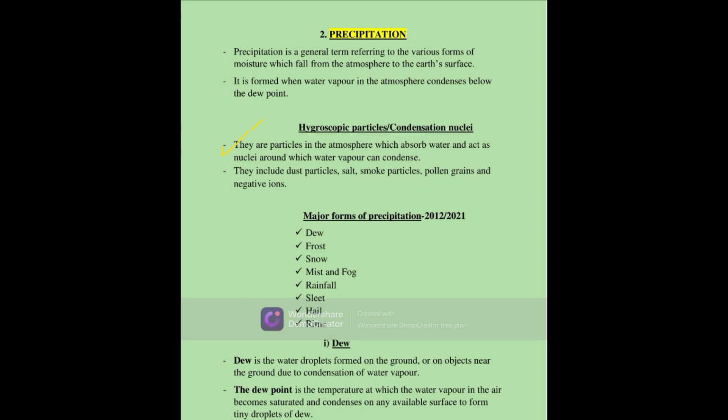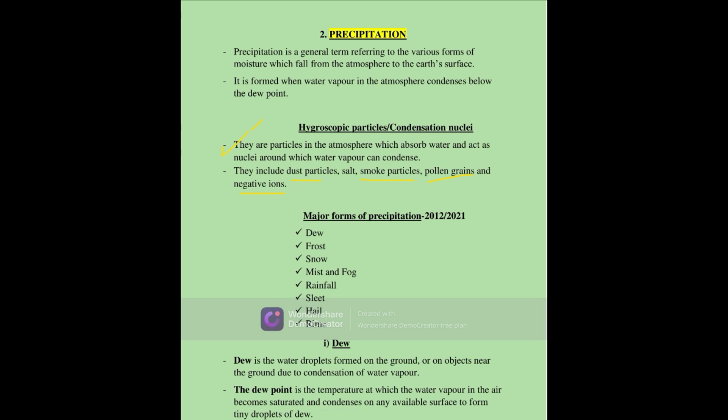Some examples of these hygroscopic particles include dust particles, salt, smoke particles, pollen grains, and negative ions. Those are some of the things which come to make the various forms of moisture in the atmosphere.